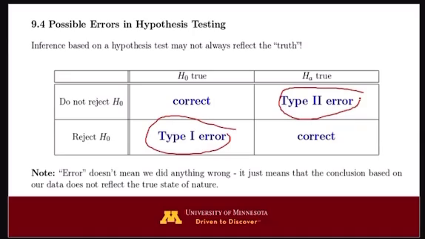Now let me tell you this. Let's say the school district saw that ahead of time and asked school children to stay at home, believing that there's going to be a snowstorm. If eventually there is no snowstorm, that's a type 1 error.